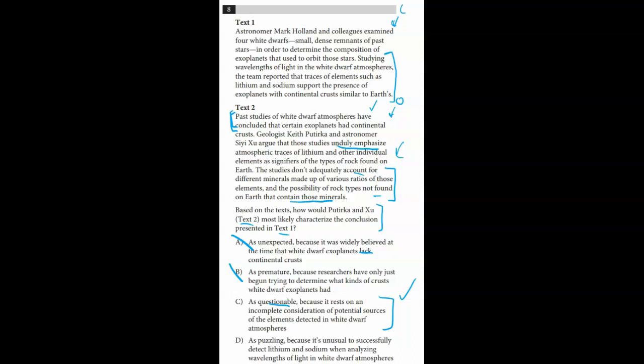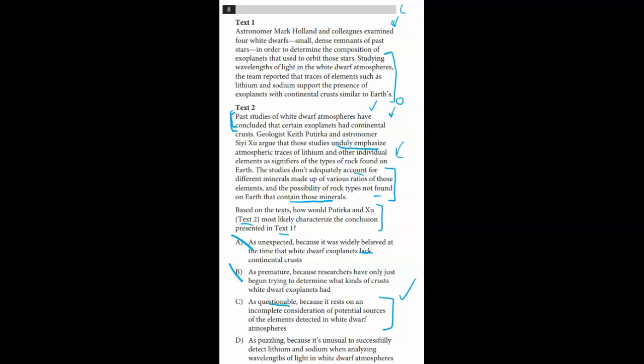So what they're doing is really questioning the past studies, because what they're saying is if this star has lithium and sodium, therefore it has the rock that Earth has. And they're saying, well, there's rock that Earth doesn't have that are made up of lithium and sodium. So you can't really say they have the same crust as Earth. So yeah, I like C.